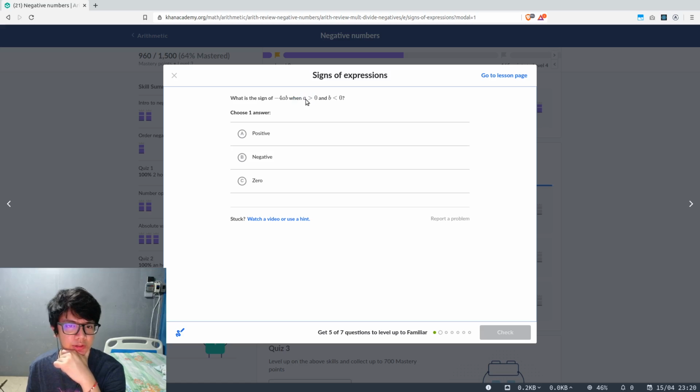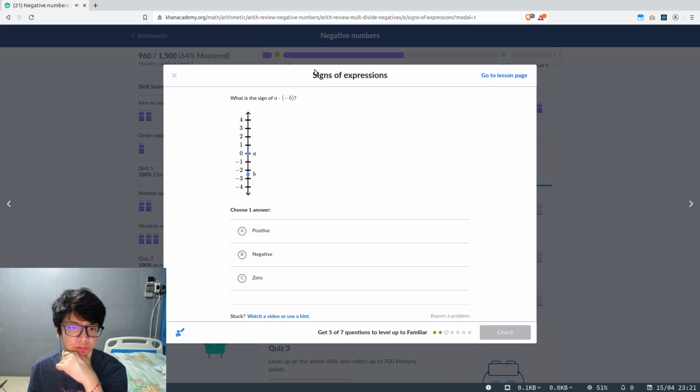A is greater than 0. Let's say this is 2. And then b is less than 0, so negative 2. It's going to be positive, right? So this thing is going to be negative. If you multiply this, it's negative, positive. And then we give negative times negative, it's going to be positive. They cancel each other out.